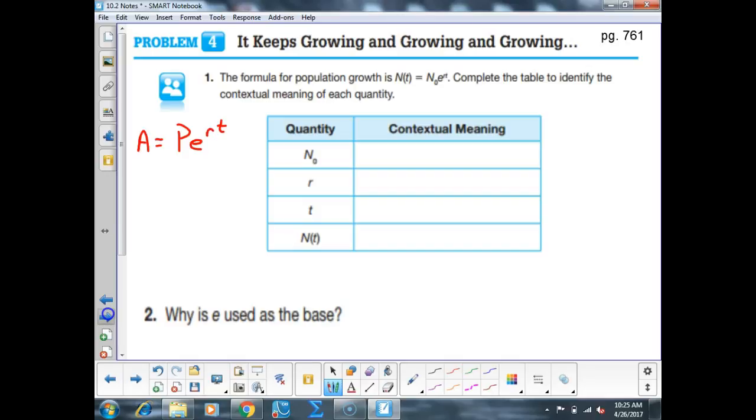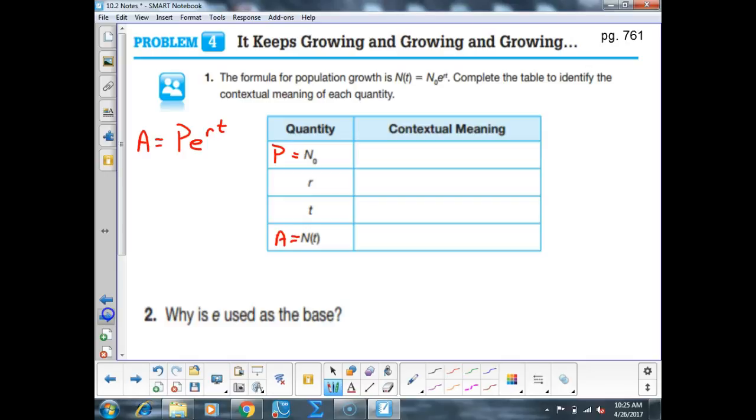So that your n sub 0 here is really P, and your n of t is really A. It's the same formula, it's just easier to remember.